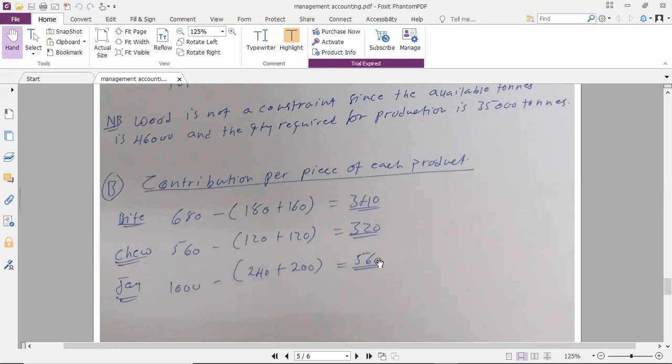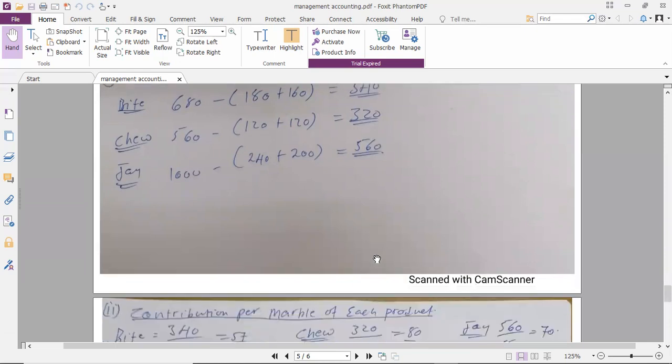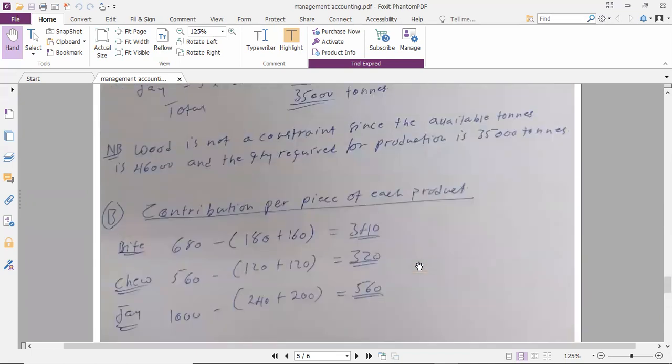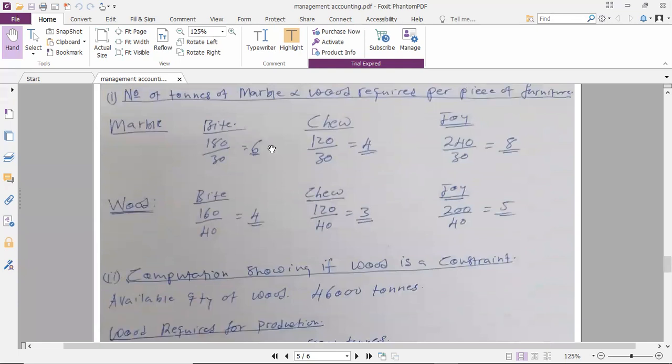The next question was asking you to find the contribution per ton of marble of each product. Now take note. The number of tons of marble is 6 for bite, 4 for chew, 8 for joy.